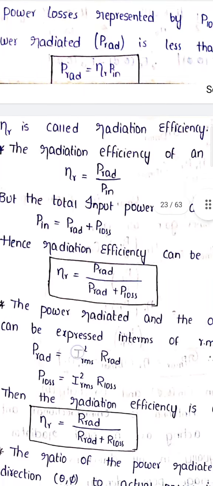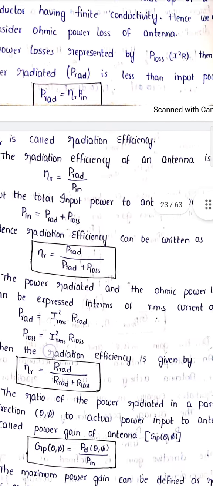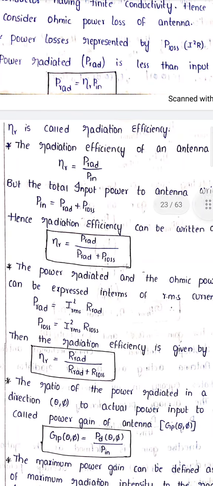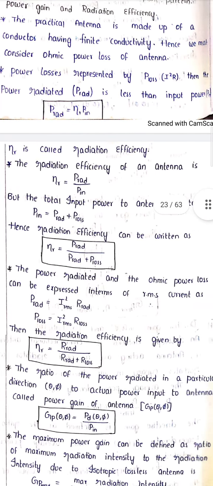The power radiated and the ohmic power loss can be expressed in terms of the RMS, root mean square, current. The power radiated is equal to I RMS square R radiated, where R is the resistance.